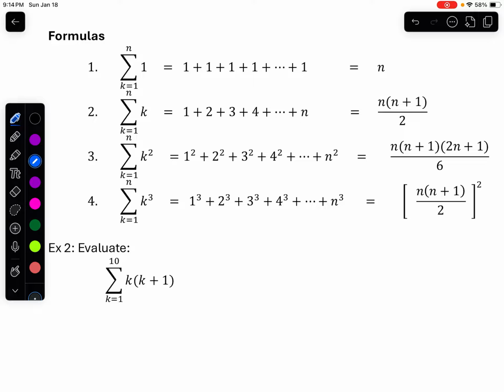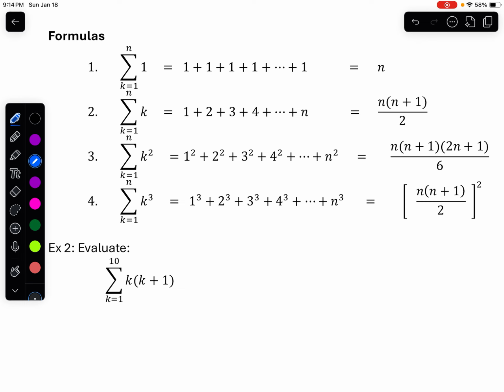So this is something we have already seen, the first one, a glimpse of it. Here, in each case, the index is going from 1 to n. The first one is saying if you have summation of 1 and k or I or whatever your index is going from 1 to n, then for each value of the index, my function value is 1.